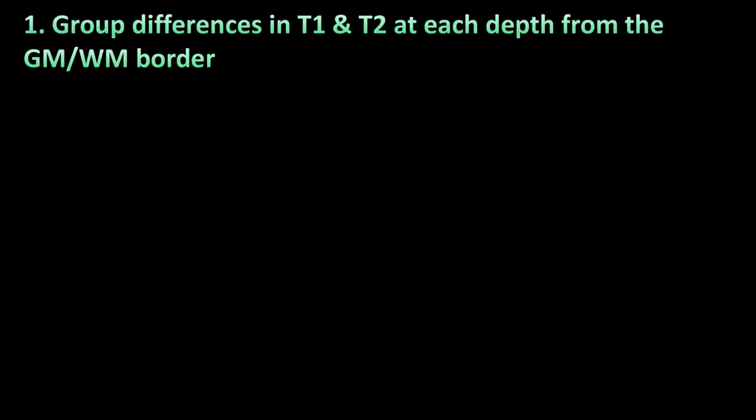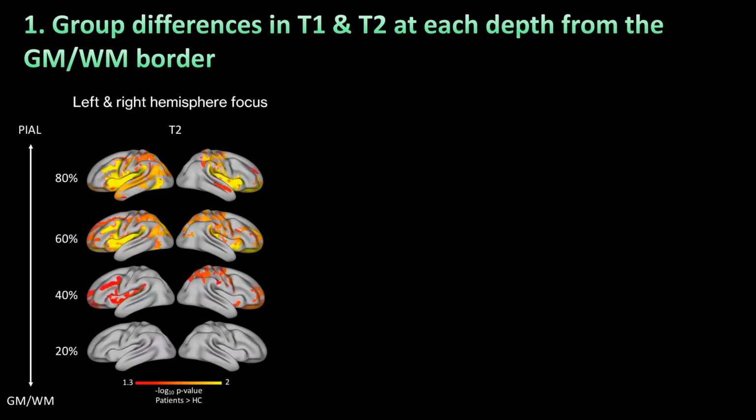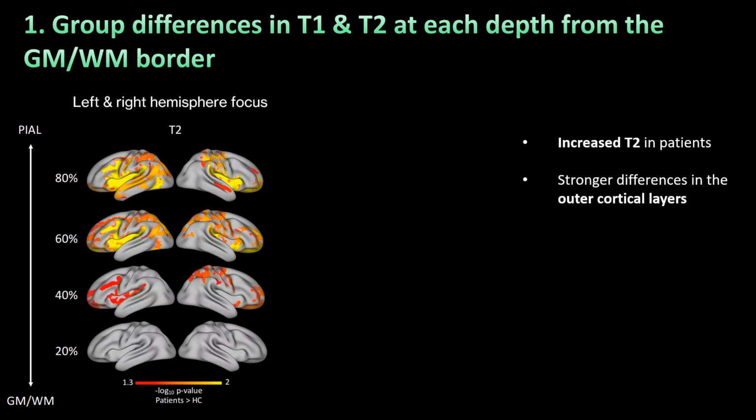So when we looked at group differences in T1 and T2 at each depth from the gray-white matter border, we found widespread increased T2 in patients, with stronger differences in the outer cortical layers, suggesting that these differences are mostly cortical.